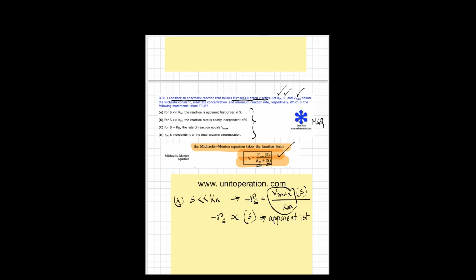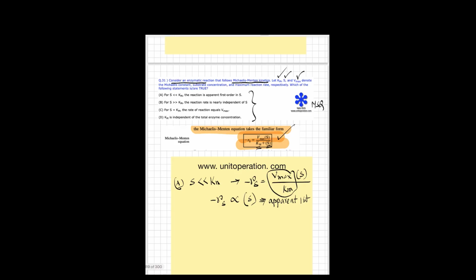And if you look into it, when the value of the substrate concentration is much less than Km, we can see this is the rate of reaction, minus Rs. So definitely this follows the apparent first order kinetics. So option A is true.